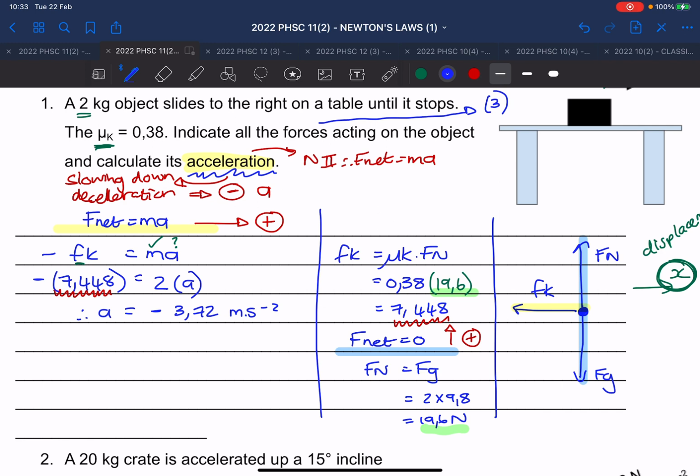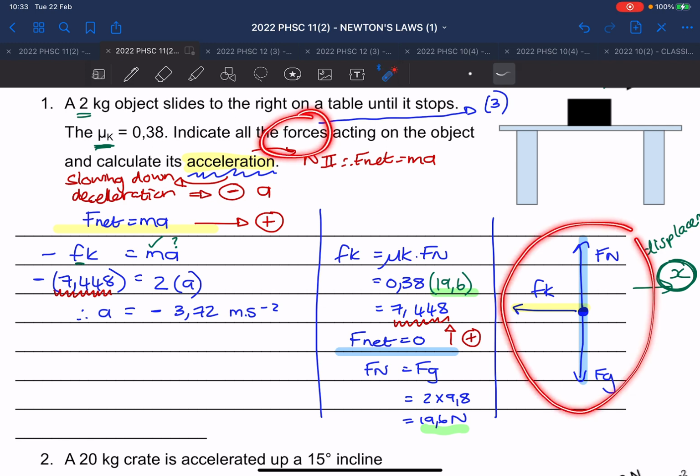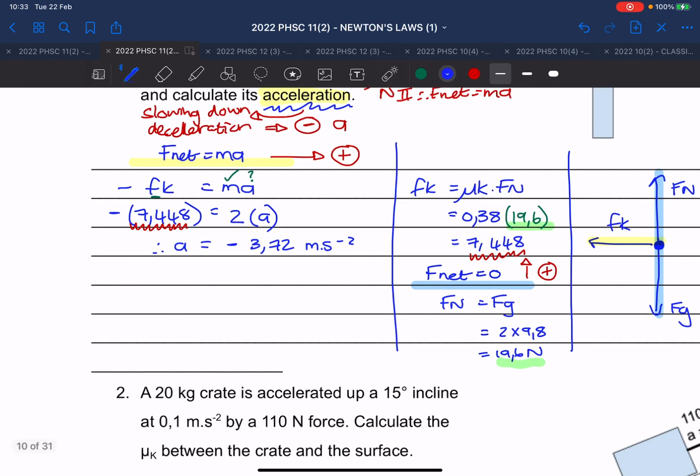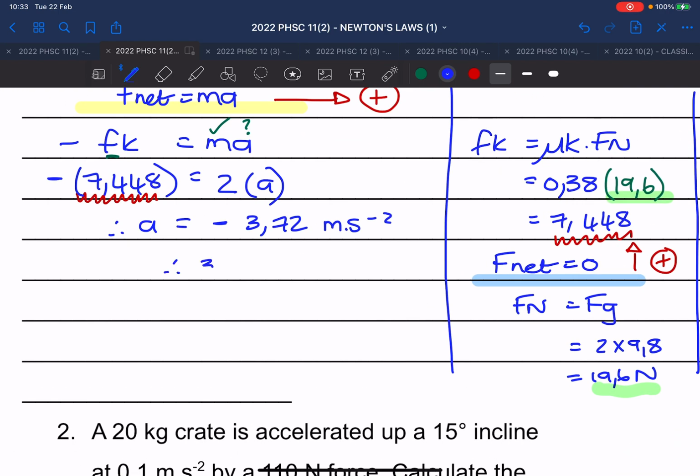There's not 3 marks. I said the forces here is 3 marks. I'll show you now. Are you allowed to leave your answer in the negative? No. You're going to write, this means 3.72 meters per second squared deceleration or negative acceleration or in the negative direction.